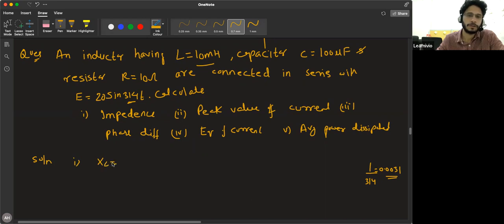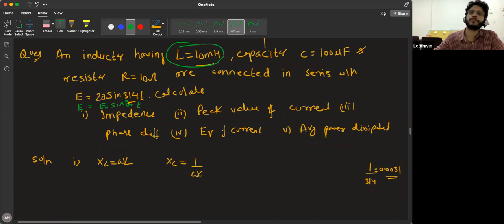XL is omega L, and XC is 1 by omega C. And this is the standard equation of EMF, E naught sine. So from here, if you compare, you can get the value of omega. Your L is 10 milli, your C is 100 micro. Just don't forget to remove milli and micro.